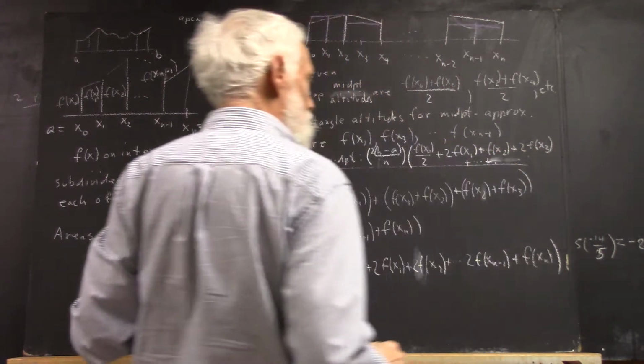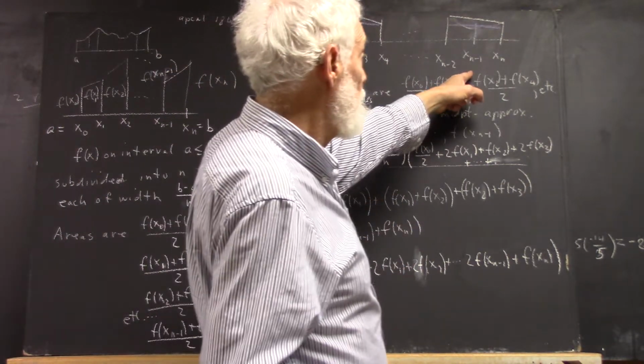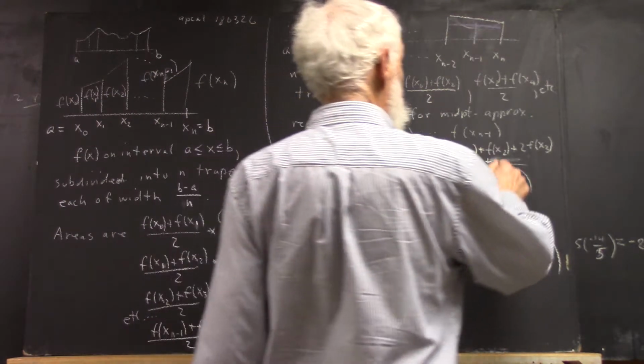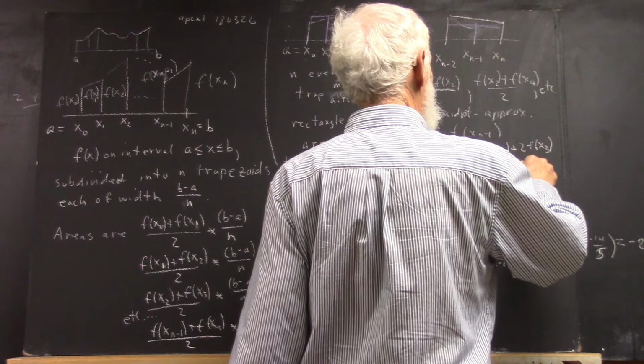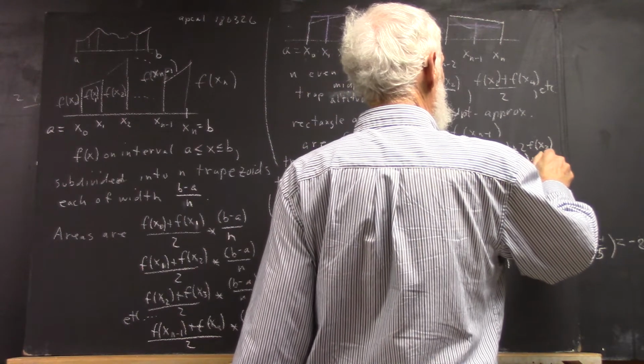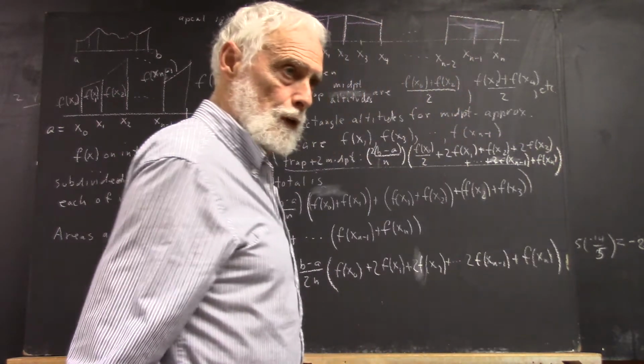Let's see if I can actually get this in and leave myself enough space. Okay, well, when you get up to xn minus 1, there are going to be two of those, right? And then just plus a single f of x sub n. Okay?